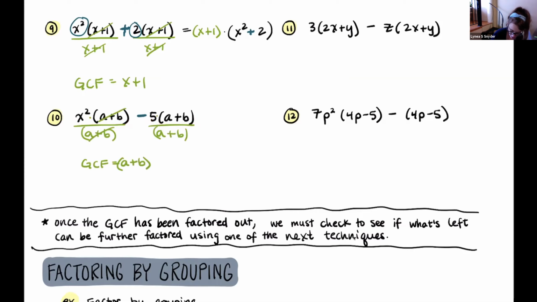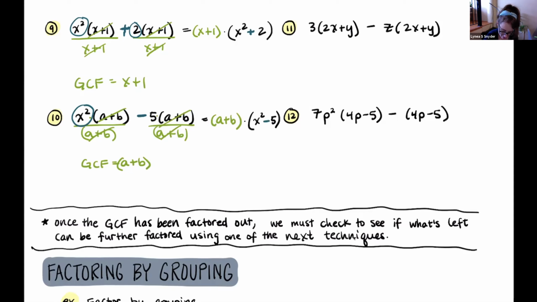Here we're multiplying 5 by a plus b, so that'll go away too. And so when we factor, this will be written as a plus b. And then what we'll have left is the x squared in front of this first piece here. We still have this blue minus, and then what we have left is a 5 with the second piece.